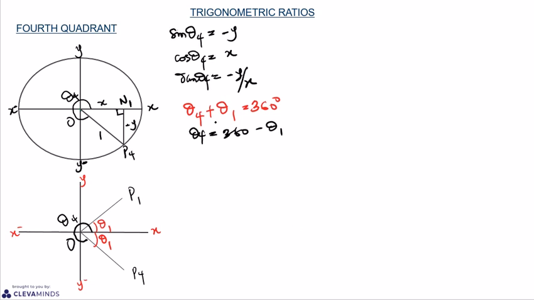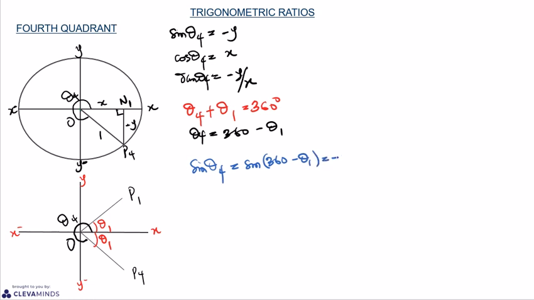Are you there? Good. So from there, we know that sine theta 4 will give us sine of 360 degrees minus theta 1. And that gives us what?